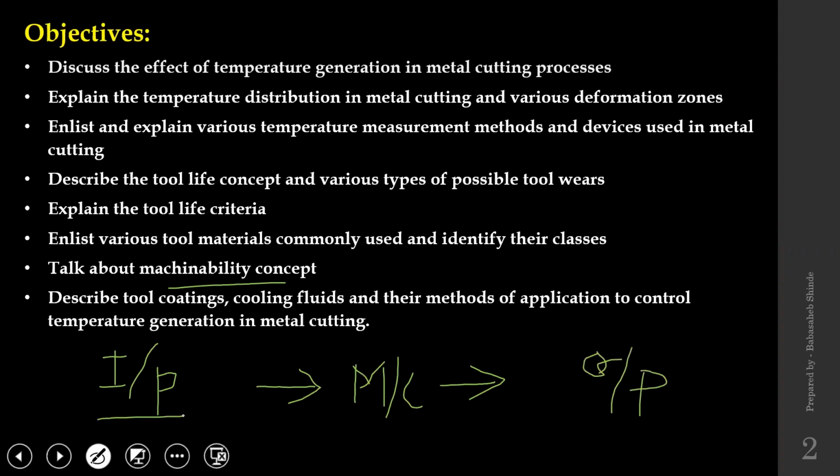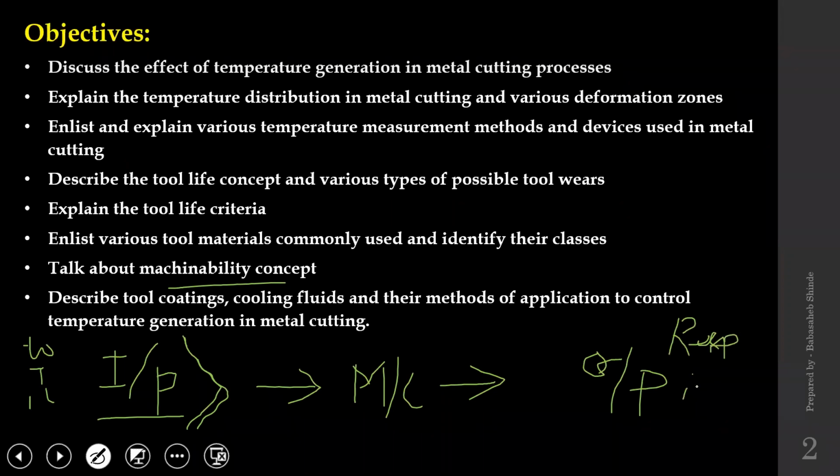So input parameters are the parameters that you can control. The workpiece material is there, tool material is there, machining conditions are there, like feed, depth of cut and all. Then cutting fluid is there, application of cutting fluid is there. All these parameters that you can control are called input parameters, and there will be certain output parameters that you can call a response parameter.